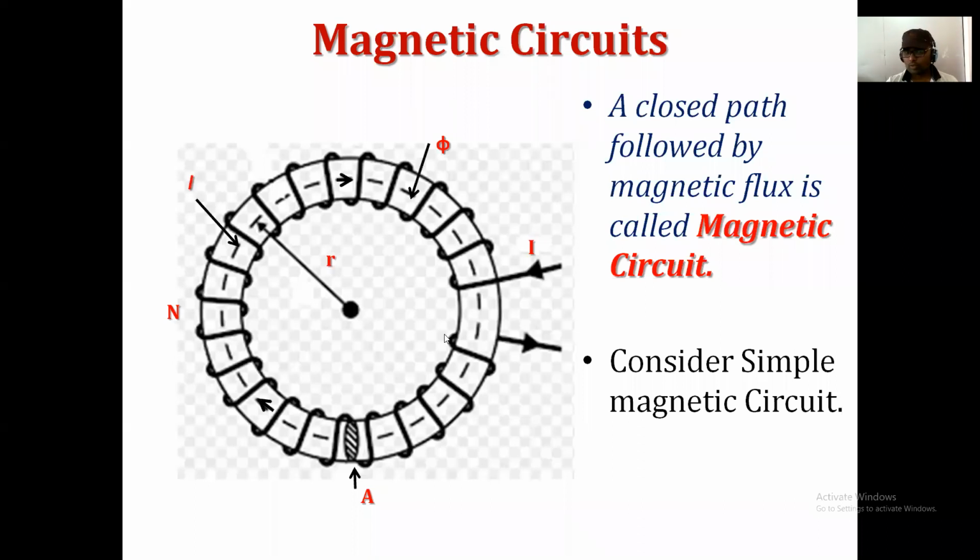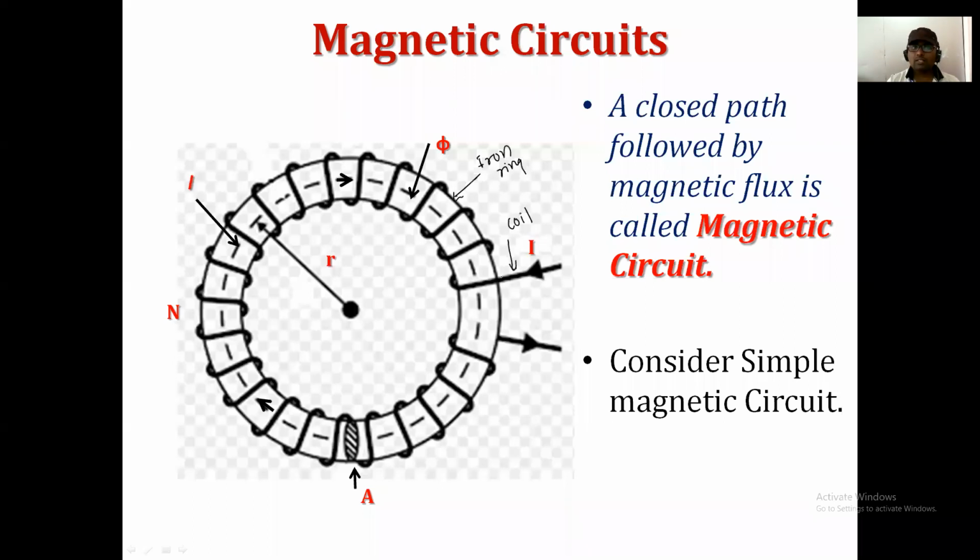So, what terms do we discuss? Here I can write, this is nothing but the iron ring. Is it right? This one is nothing but the coil.